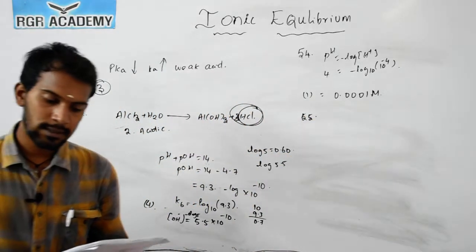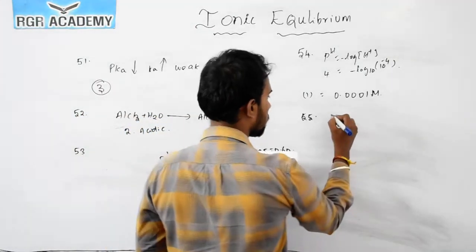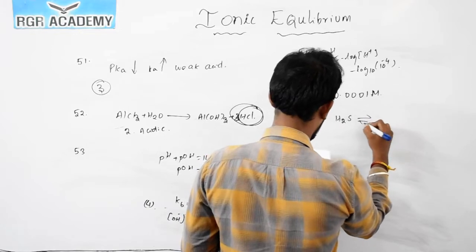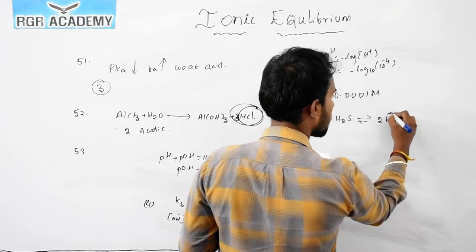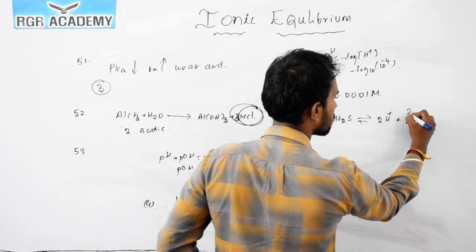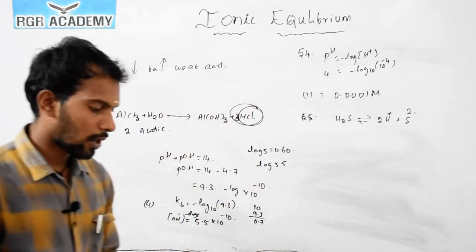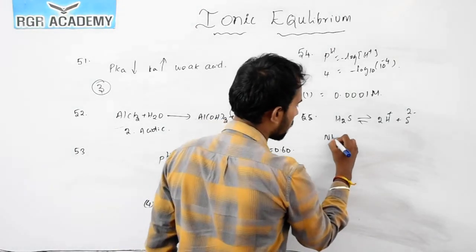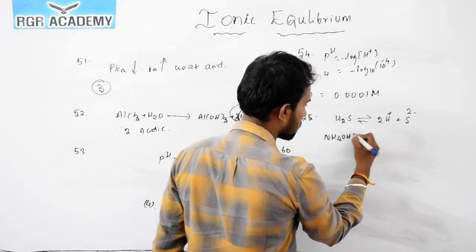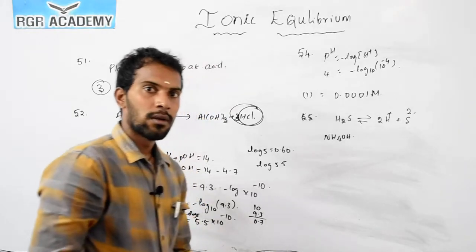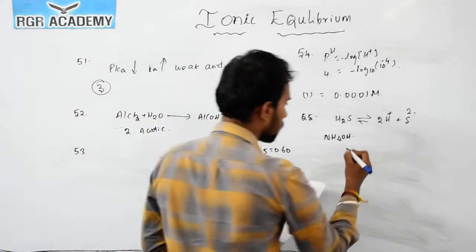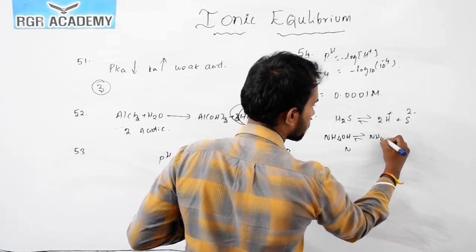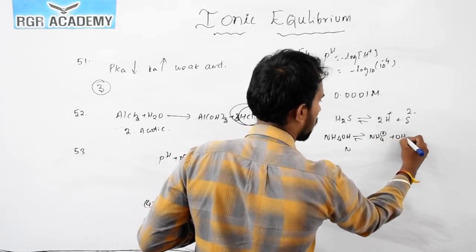So H2S in the reaction reacts with the base. It gives 2 moles of H plus and S2 minus. Now when ammonium hydroxide NH4OH is added, this NH4OH becomes NH4 plus and OH minus.